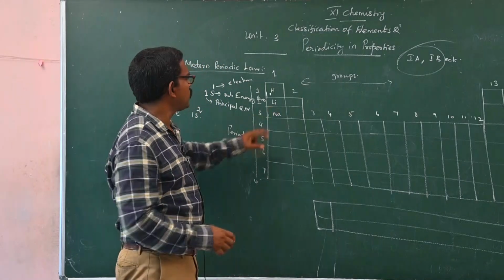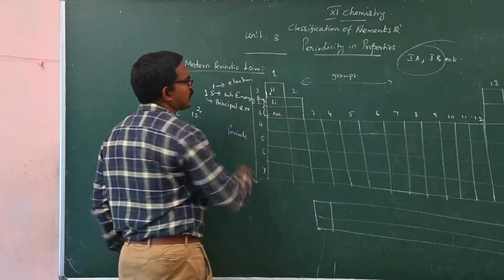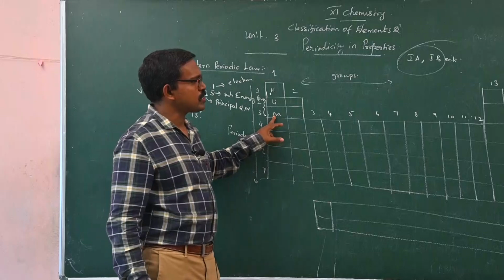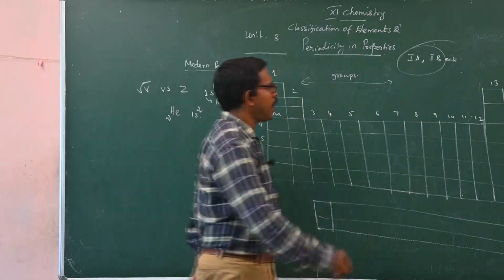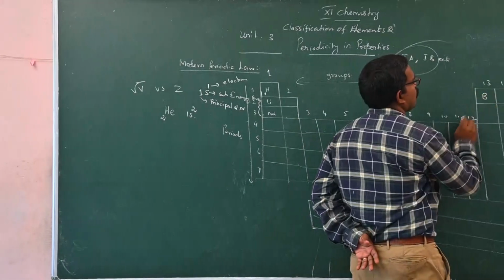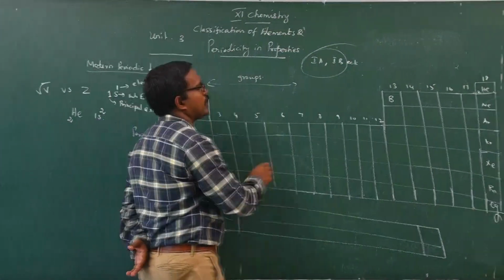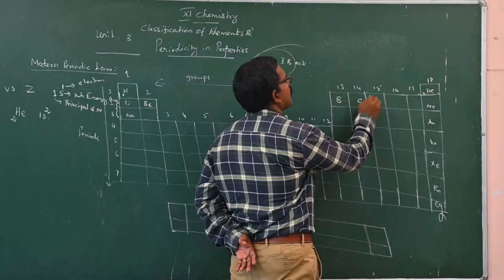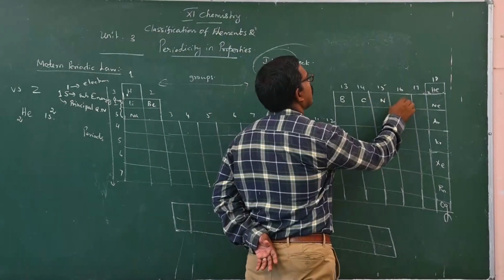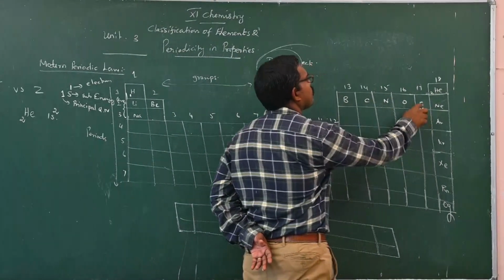Period number 2 and period number 3 each consist of 8 elements. The second period has lithium, beryllium, boron, carbon, nitrogen, oxygen, fluorine, neon.